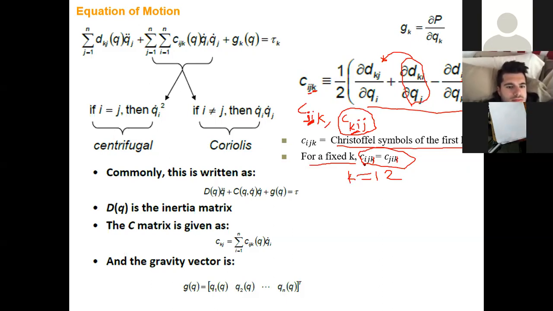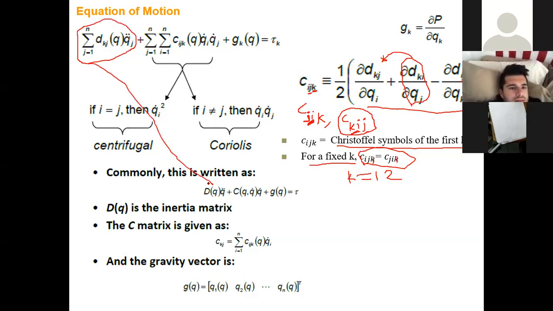Now commonly this can be written in a shorter way. This first term is simply written as D(q) q double dot. If you see D(q) q double dot, you should have this first term in mind.